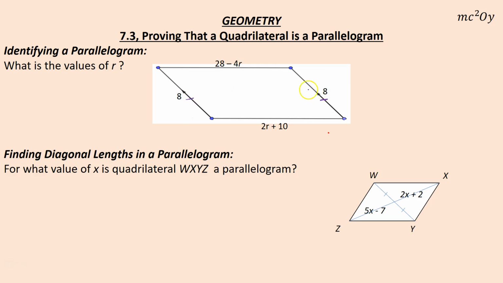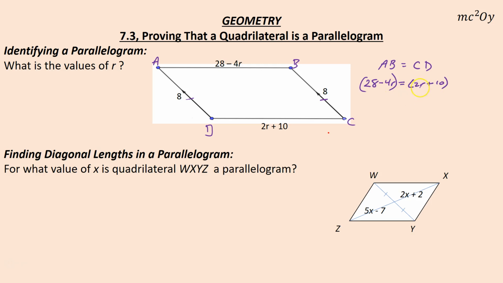Means we have opposite sides parallel and congruent, meaning that this is a parallelogram, which also means if I were to label this as ABCD, we would know that AB is equal to CD, which means 28 minus 4r will equal 2r plus 10.